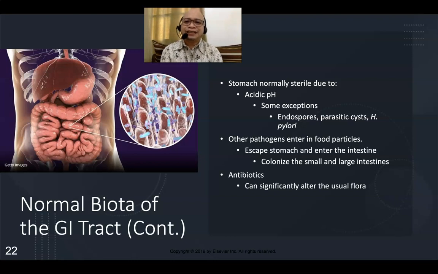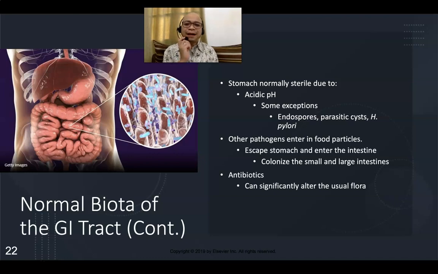But there are some microorganisms that will be able to invade our stomach, particularly some microorganisms with endospores, the parasites, for example, Giardia lamblia and Entamoeba histolytica, and another pathogenic microorganism that can cause gastric ulcer, and that is your Helicobacter pylori.